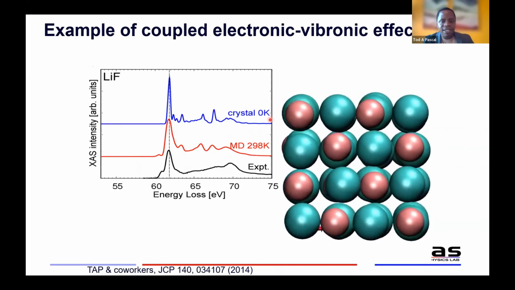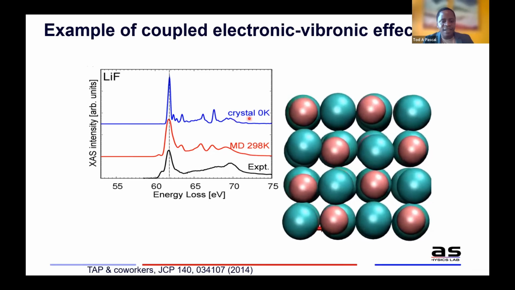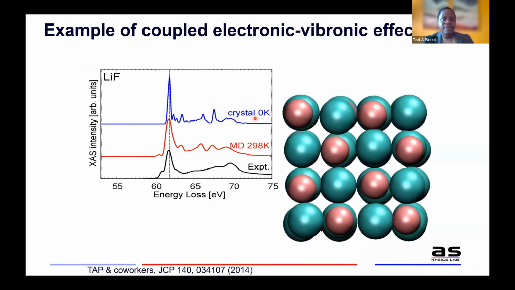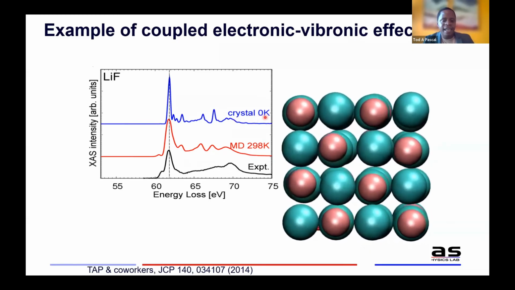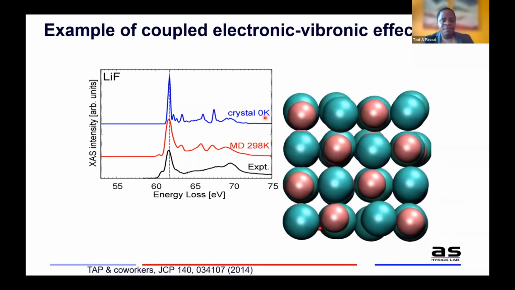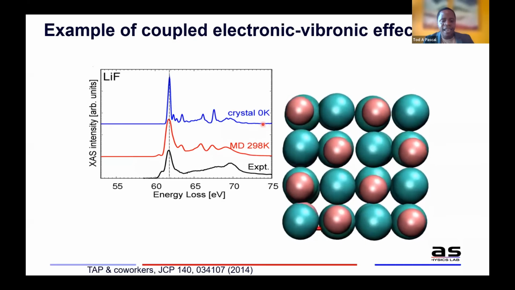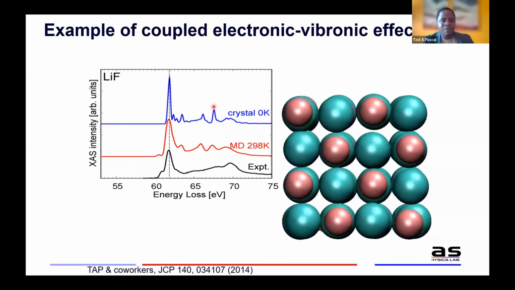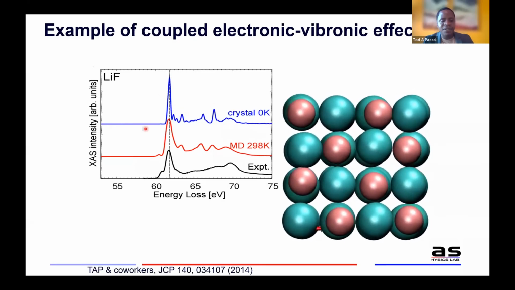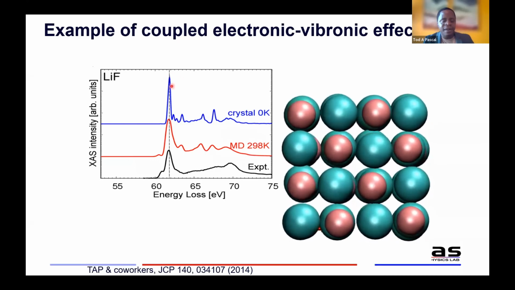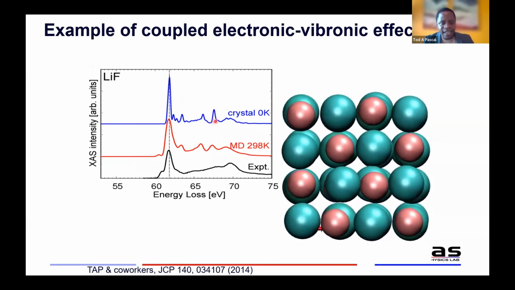And so the important thing to note here is that if we take the experimental crystal structure at 0 Kelvin and calculate the spectral response, the XAS response, at the lithium K edge using that structure, we get this blue spectrum that's shown here. We're able to get this first peak, and it looks okay.